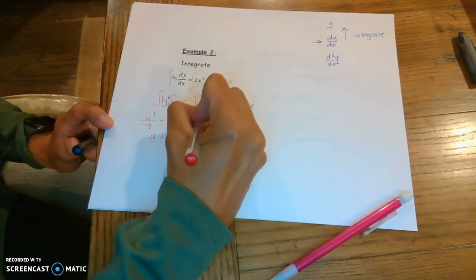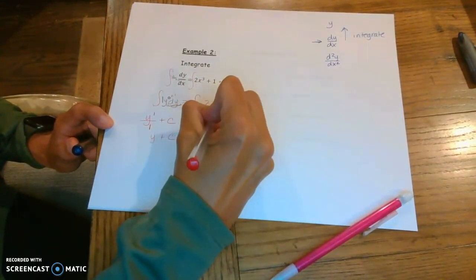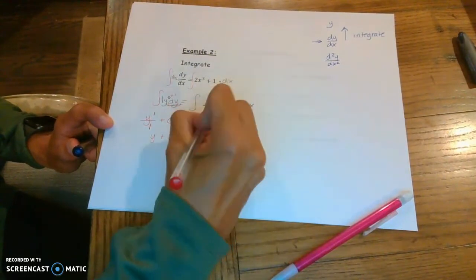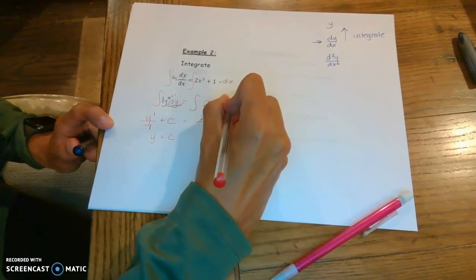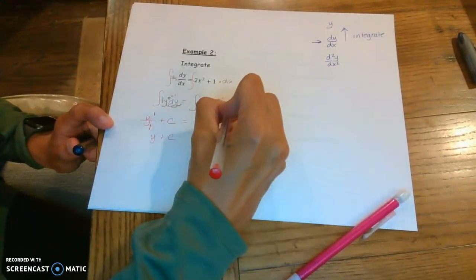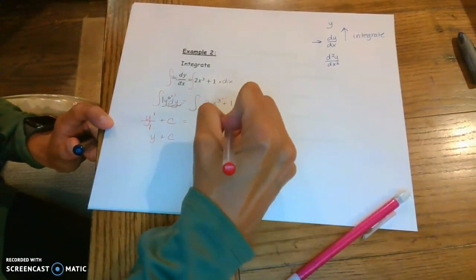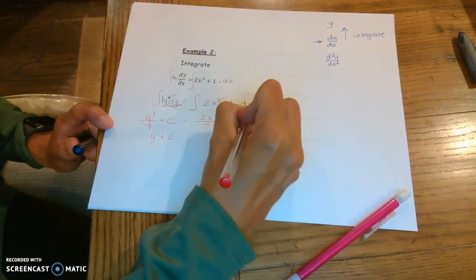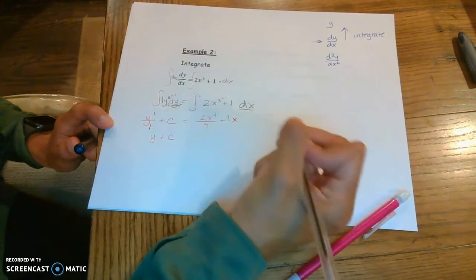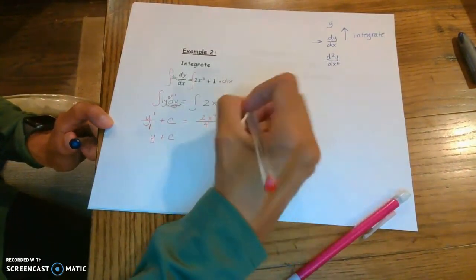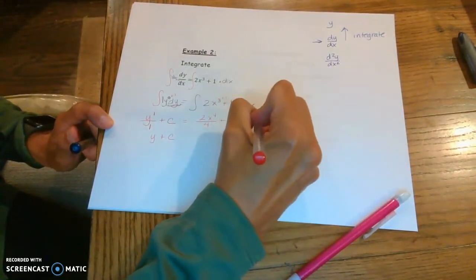That becomes 2x to the 4th, divided by 4, plus, this is a constant, and what did I say? When I integrate a constant, you take that constant and just apply the variable of integration. The variable of integration is x, so it's just 1x. What happens to the dx? That's going to be the reminder that that's a plus c.